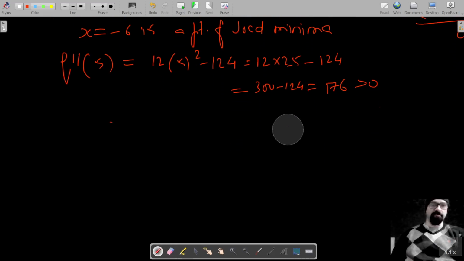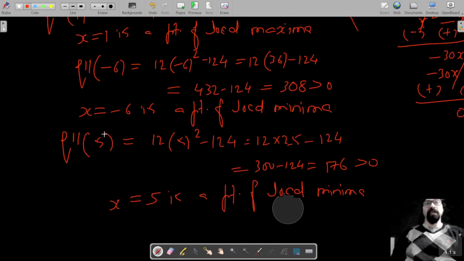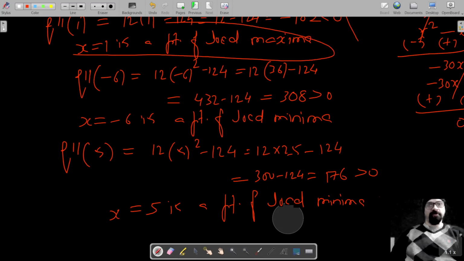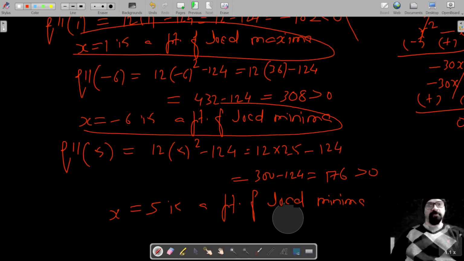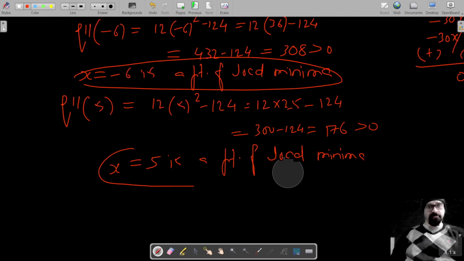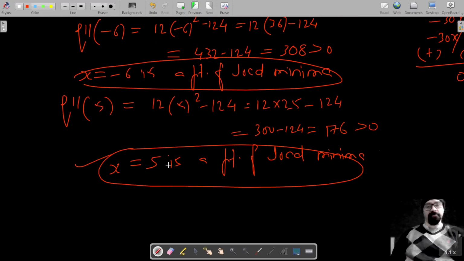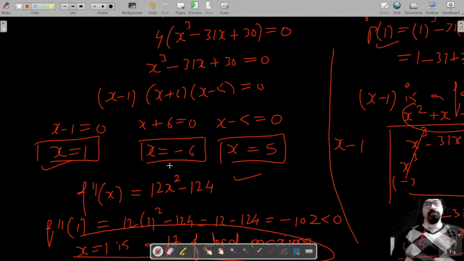So that means x is equal to 5 is a point of local minima. So x is equal to 1 is a point of local maxima, whereas x is equal to negative 6 and similarly x is equal to 5 are points of local minima, sorry.